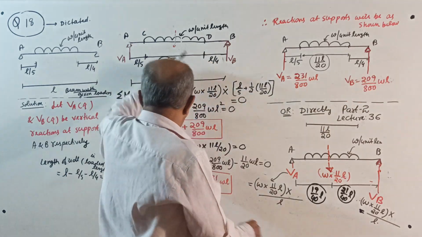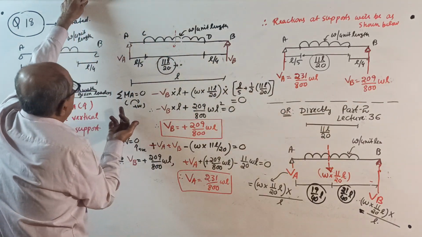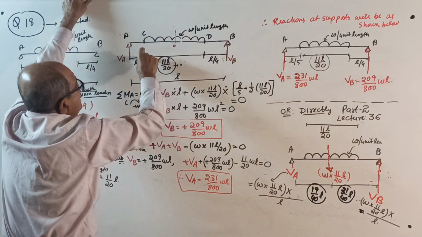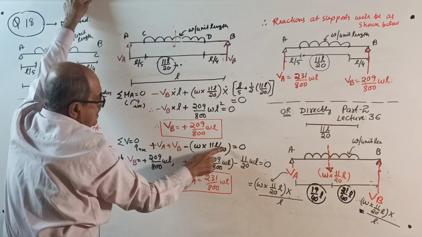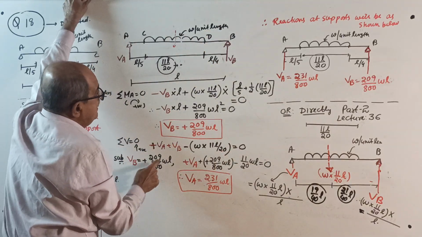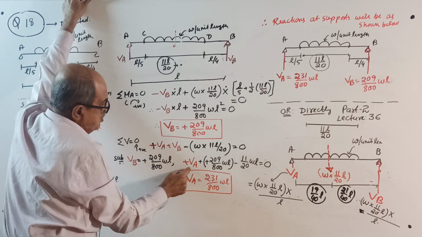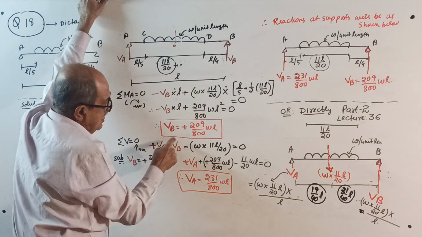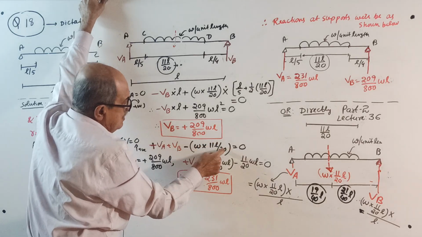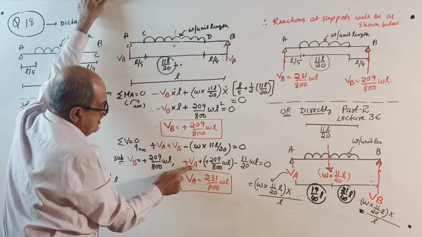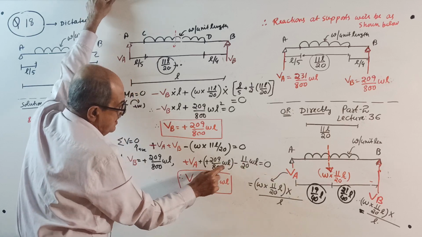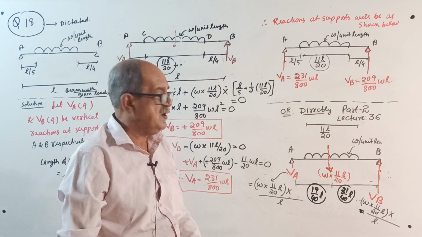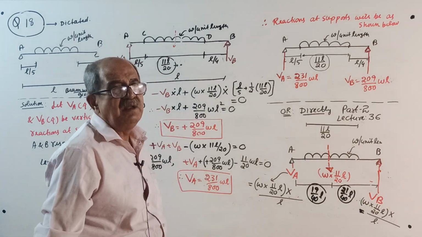Okay, now sigma V equal to 0, upward positive: VA plus VB minus W into 11L by 20, the total load, equal to 0. Substitute VB as 209 by 800 WL. So VA plus 209 by 800 WL minus W into 11L by 20 equals 0. Take the calculator: VA equals 11 by 20 minus 209 by 800.